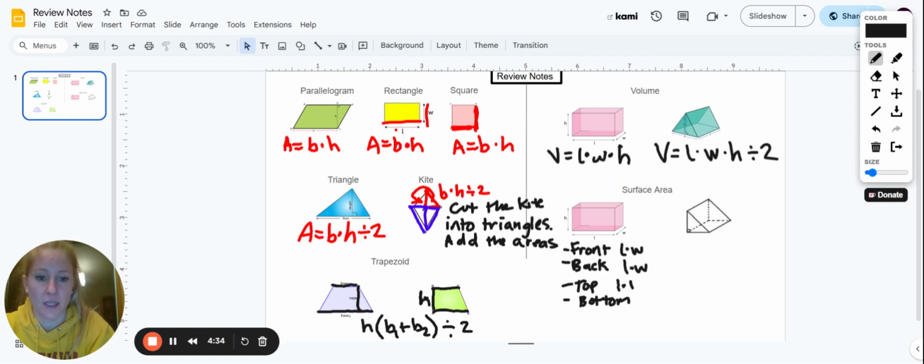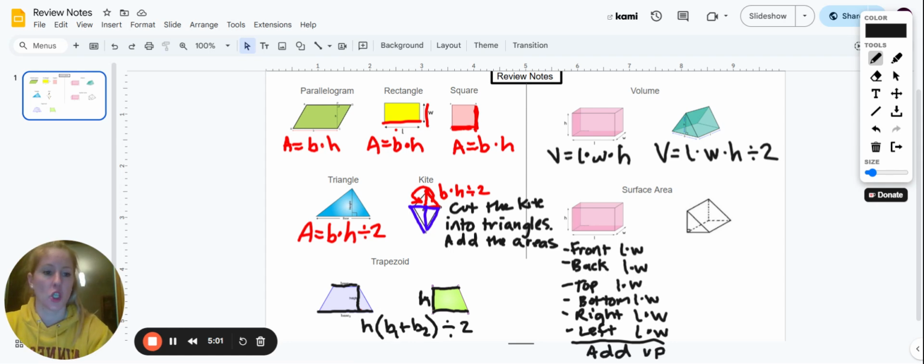Those are both length times width, and they're the same as each other. Then we do the 2 sides, the right and the left. On your notes, you should be writing these words out so that way you remember which words to write out when you're on your test. Okay, and then you would add all of the sides.